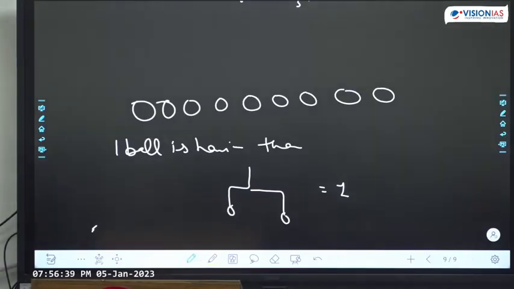The question is the minimum number of times. So 7 is the maximum, I can say. What is the minimum number of times the person should use this machine so that he can find out which ball is the heavier one?